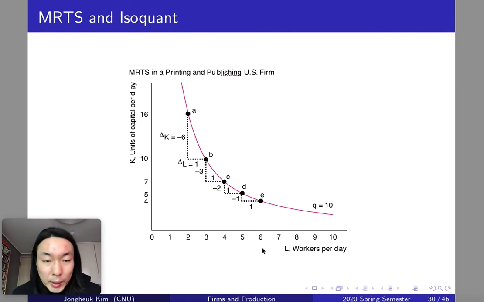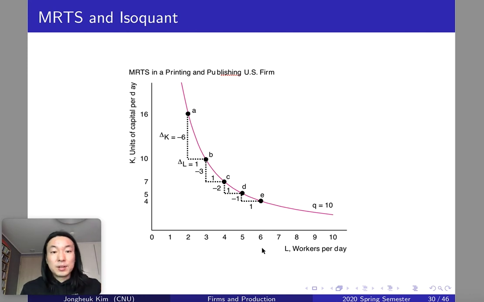Okay, so from point A to point B, one more labor input was put in the production process, right? So there is an increase of one more unit of labor. Then capital is decreased by 6 units, so -6 there.